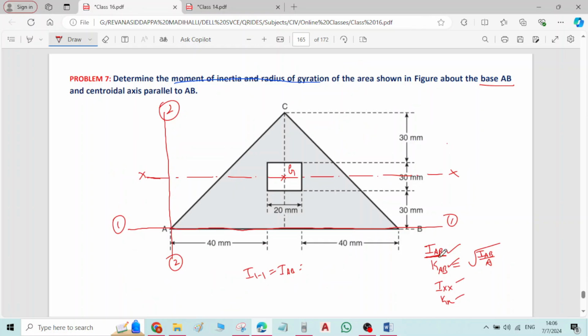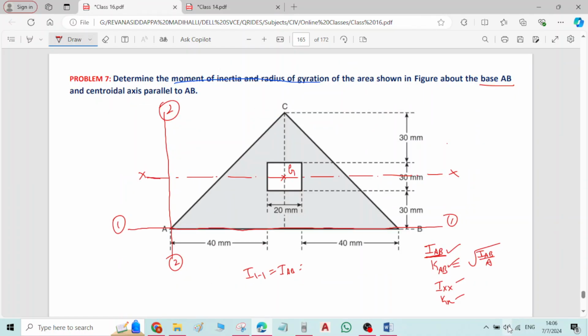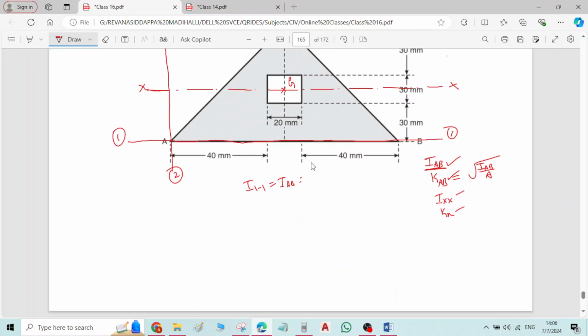Knowing IAB, you can find the radius of gyration about AB. To find IXX, we have a second formula here. Using this second formula, we can find IXX. Knowing IXX, you can find KX, the radius of gyration about the x-axis, the root of IXX divided by A.